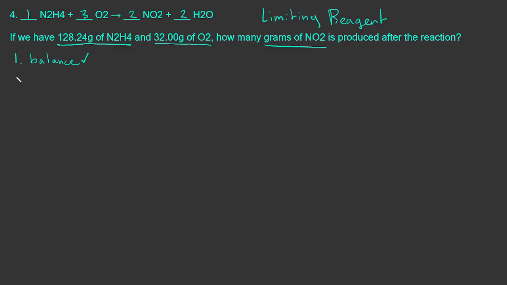Our next step is that we want to start off with the entire first half of this problem, which is using this half. This is using all the information about our 128.24 grams of N2H4.